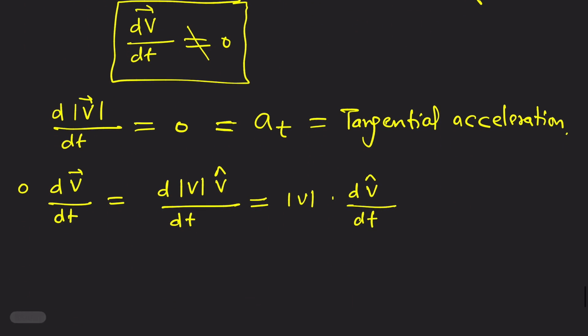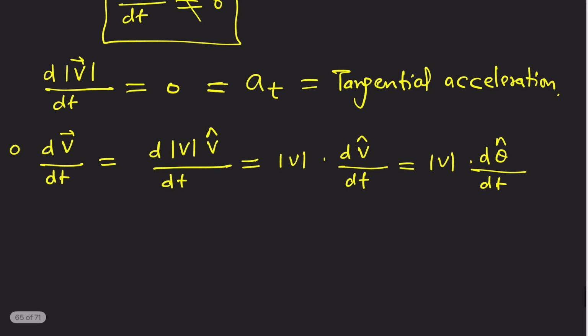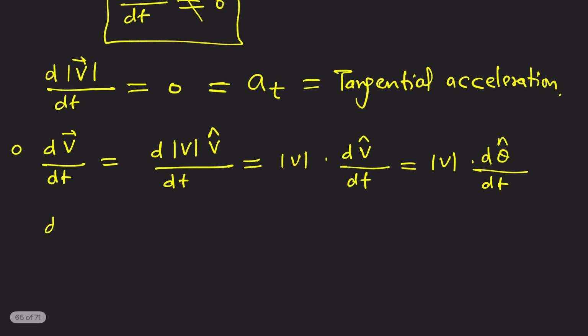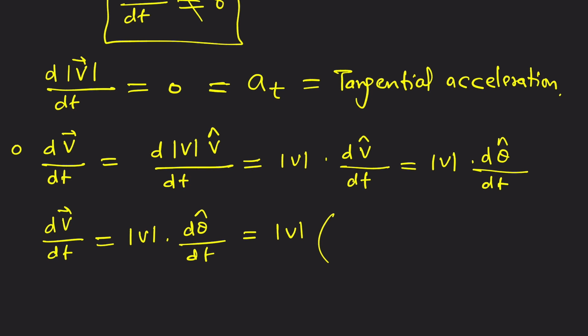So I can write this as |v| into d theta cap by dt. Now it is very easy. dv by dt can be written as |v| into d theta cap by dt, and d theta cap by dt we have already discussed, that is minus omega r cap.